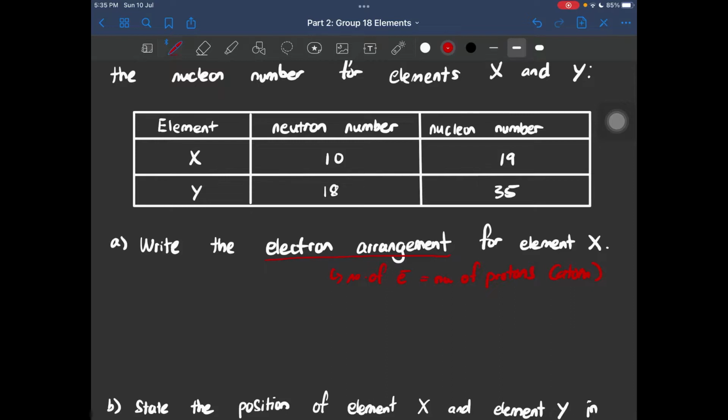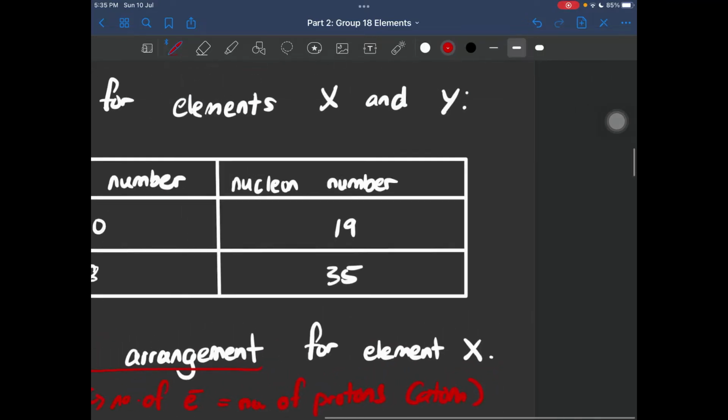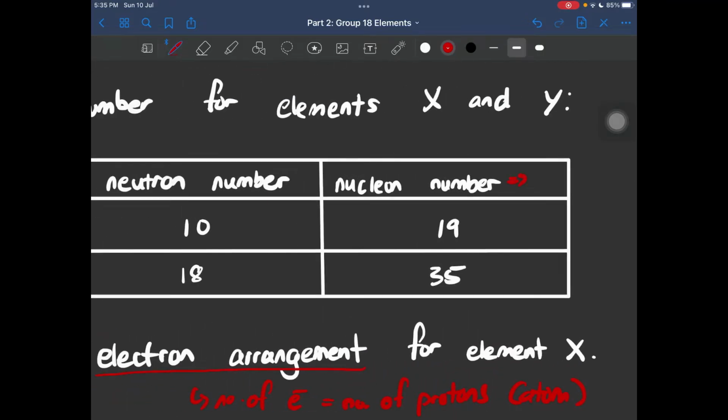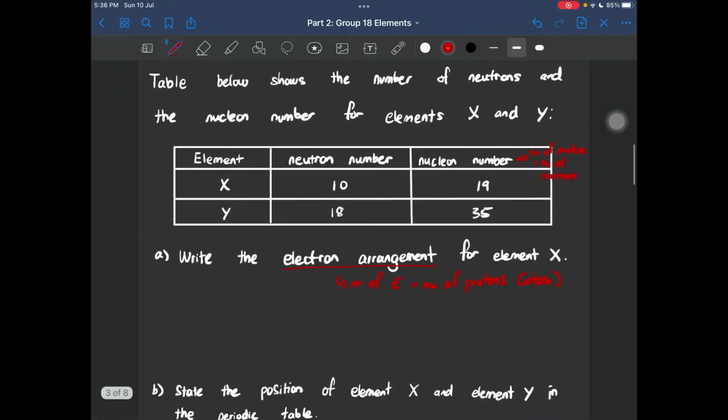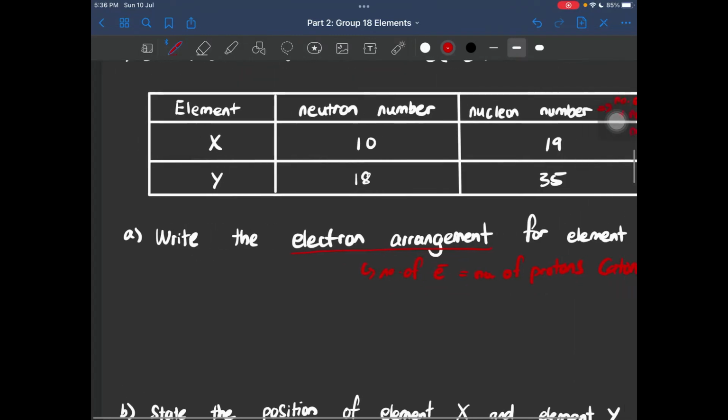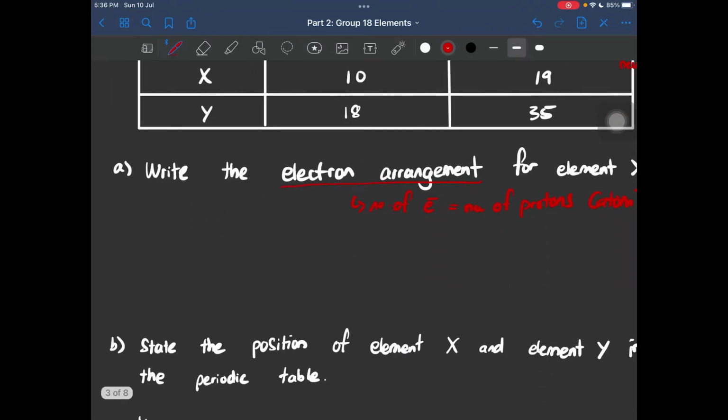However, based on our knowledge from chapter 2, the nucleon number is actually equal to the sum of the number of protons and the number of neutrons, right? So we are able to find the number of protons. The nucleon number is equal to the proton number plus the neutron number.